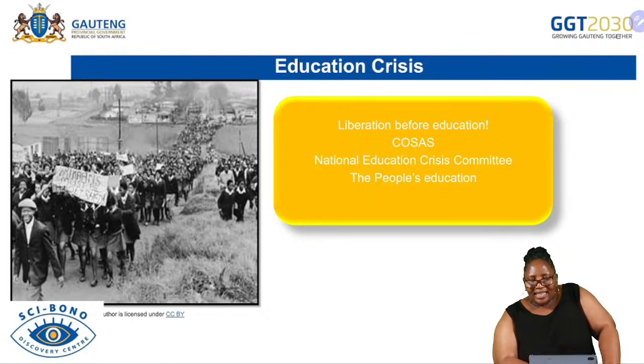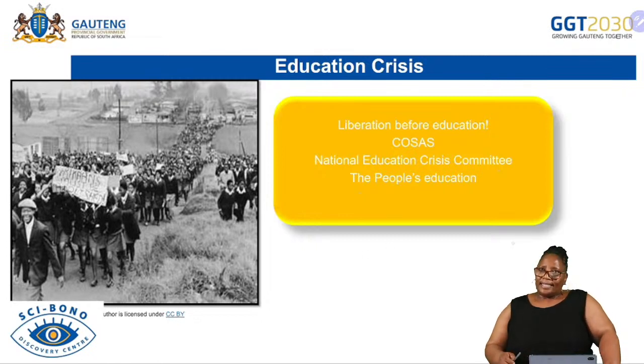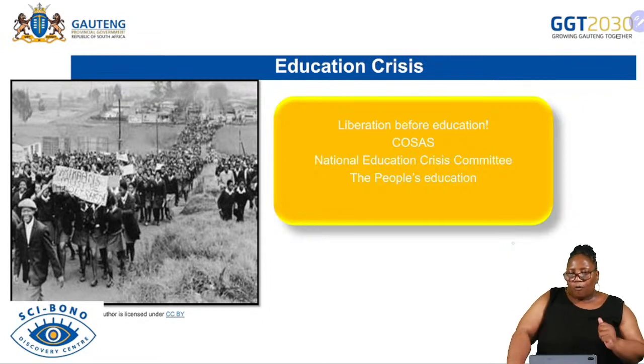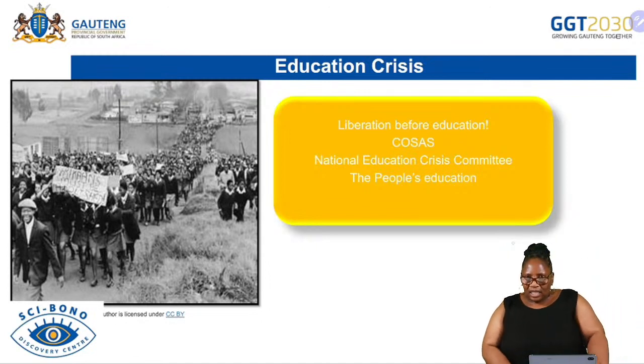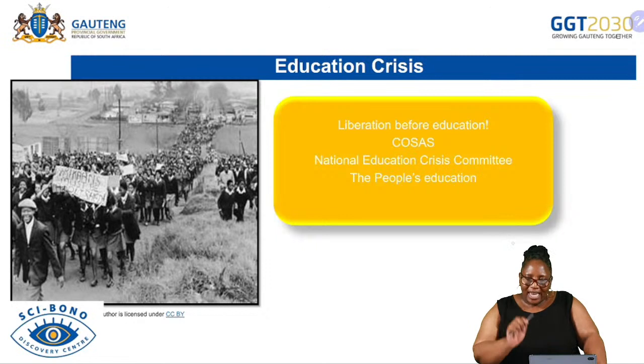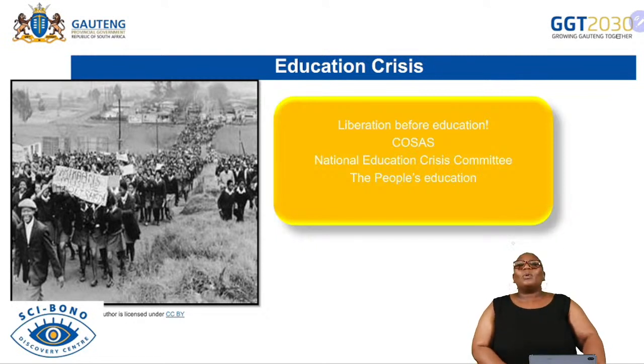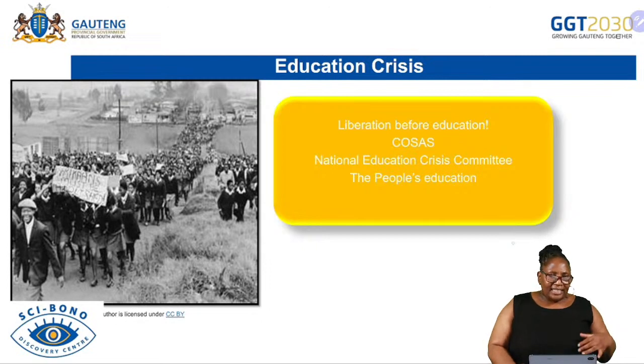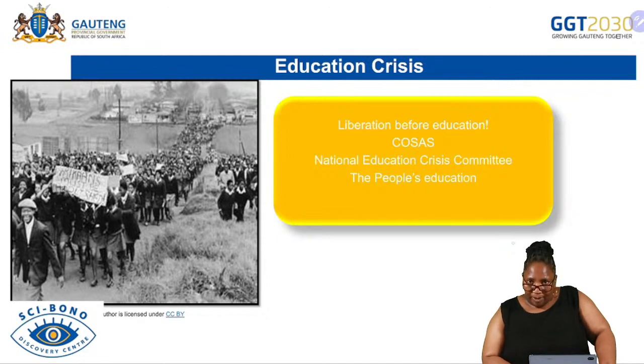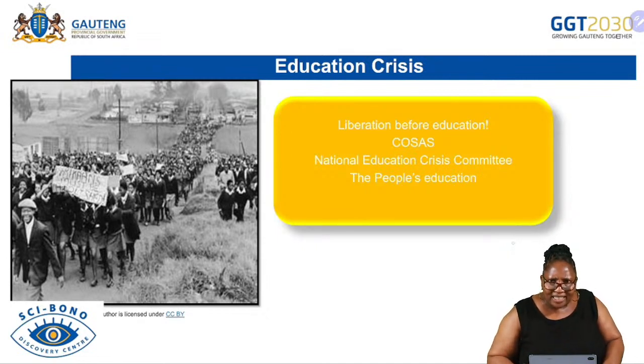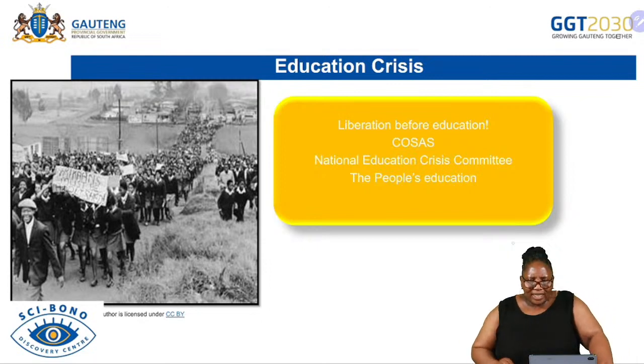A National Education Crisis Committee was formed, which fought for what we call people's education. They wanted every child, whether black or white or colored or Indian, to have the same education. So there was a lot of fighting. And liberation before education was a bit problematic, because now the parents were worried. Our children are not going to school. What are they going to do?